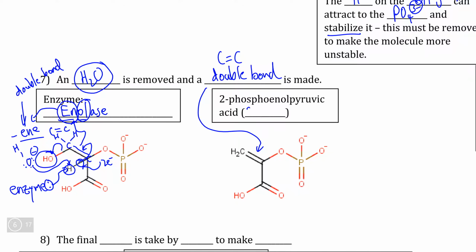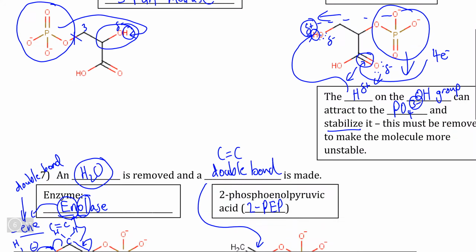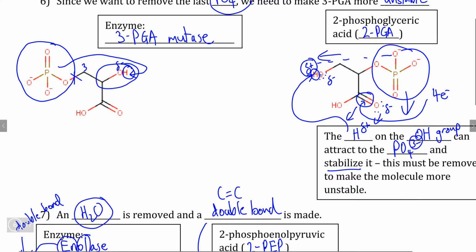So we can simply abbreviate this as 2-PEP, phosphoenolpyruvate.